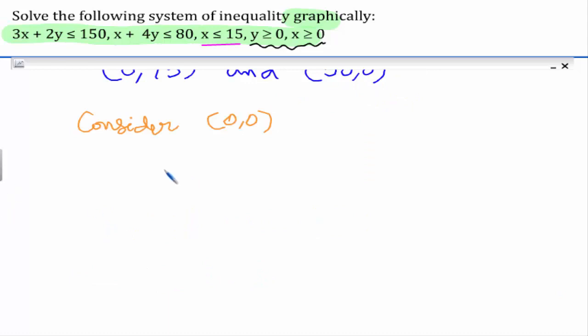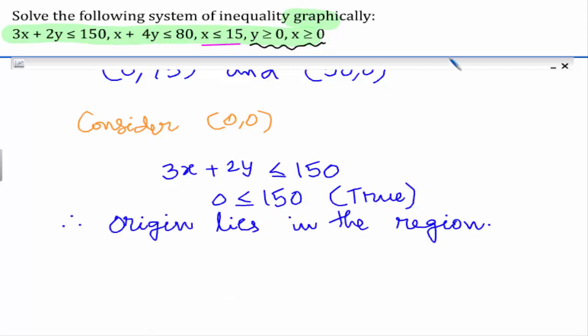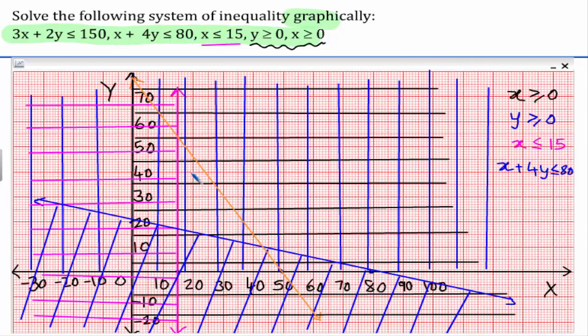So the inequality is 3x plus 2y less than or equal to 150. If I substitute 0 in place of x and y, we get 0 less than or equal to 150, which is a true statement. So therefore the origin lies in the region. That means we have to draw the lines towards the origin like this.